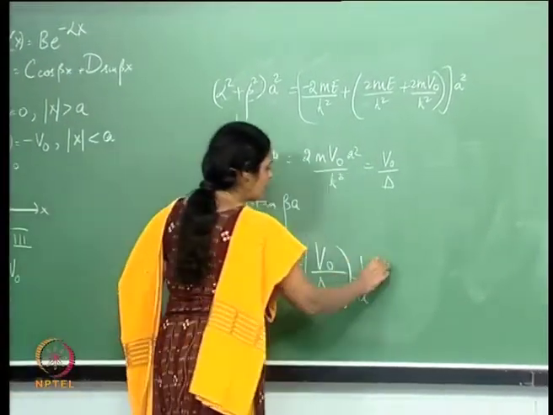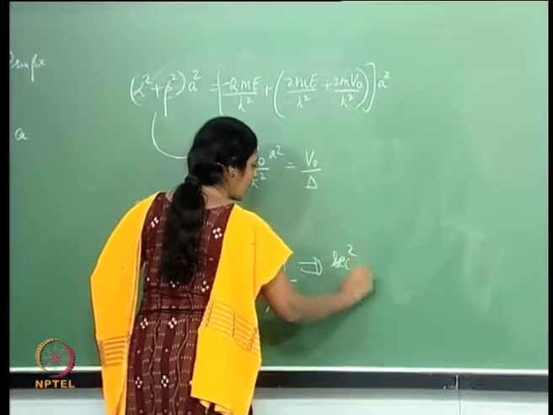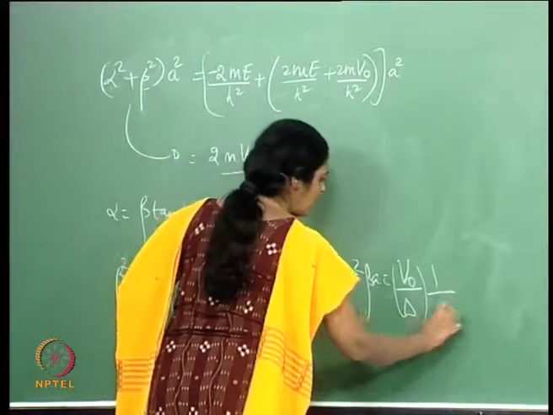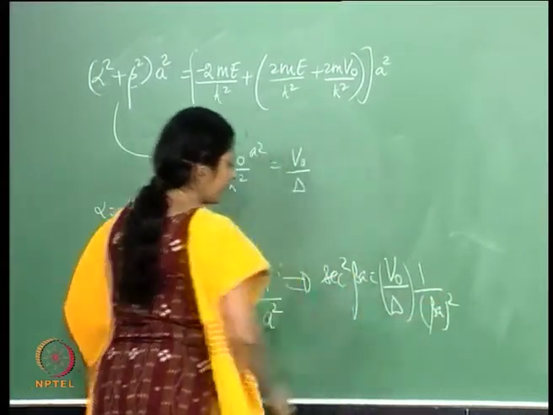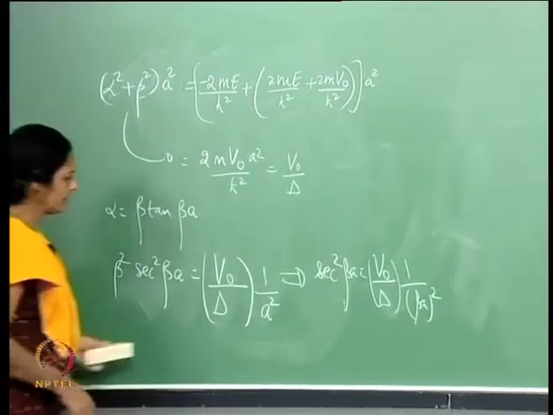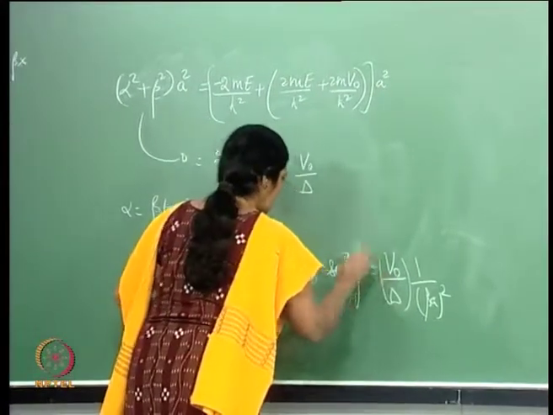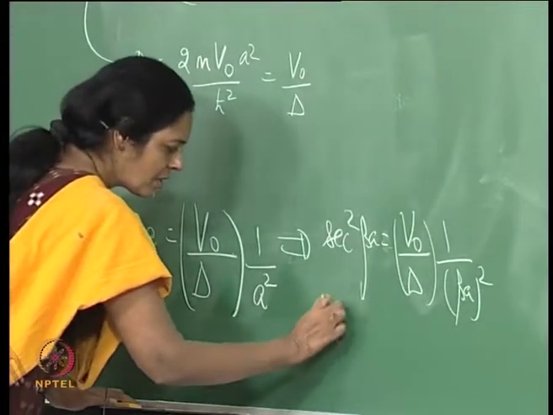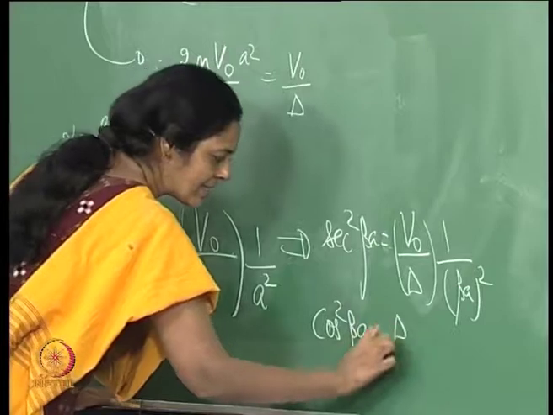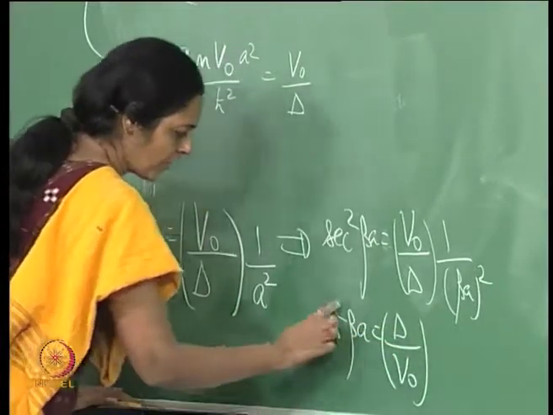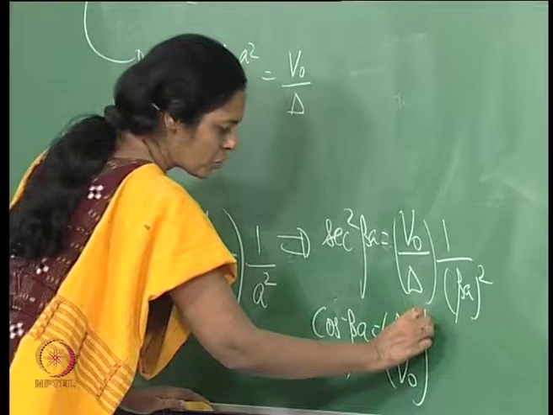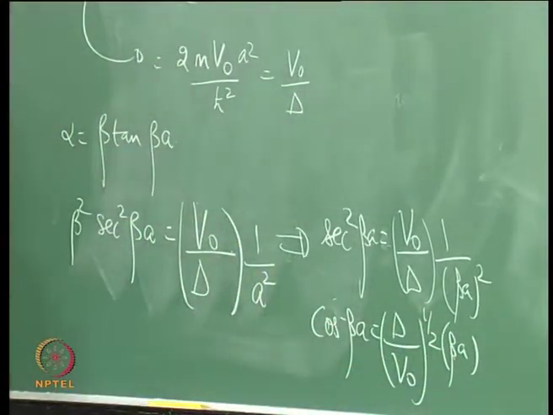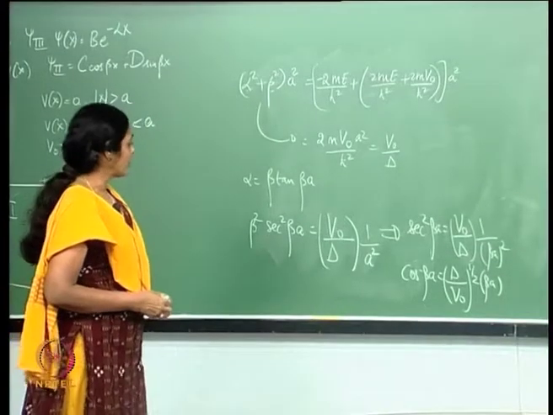And therefore, this implies that secant squared beta A is V naught by delta times 1 by beta A the whole squared. In other words, cos squared beta A is delta by V naught times beta A squared, that is, cos beta A is delta by V naught to the power of half times beta A. That is what I have for my equation.